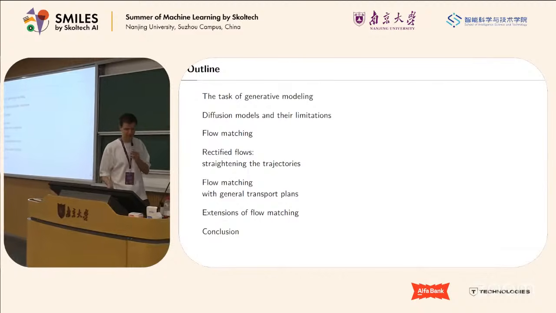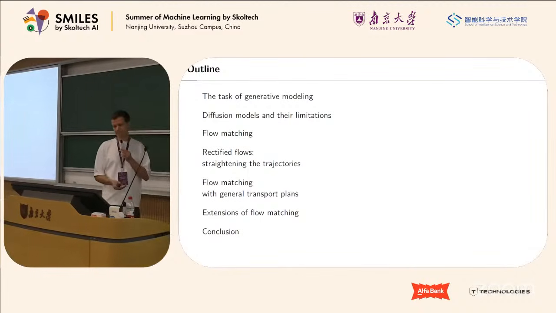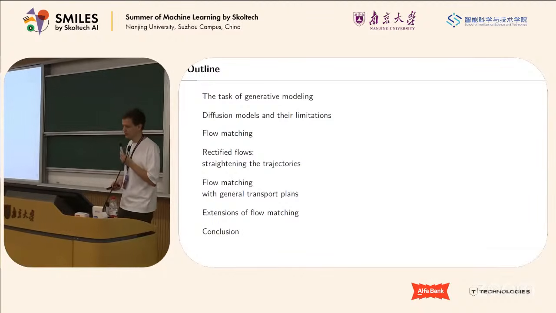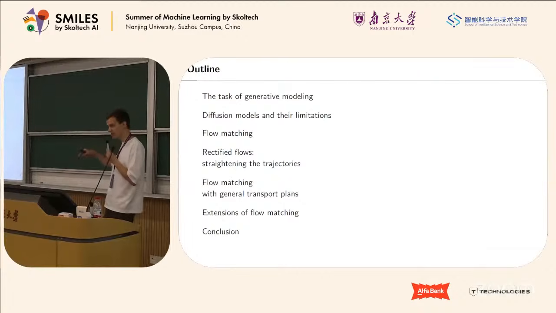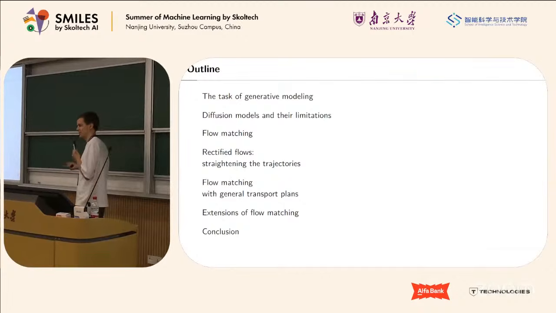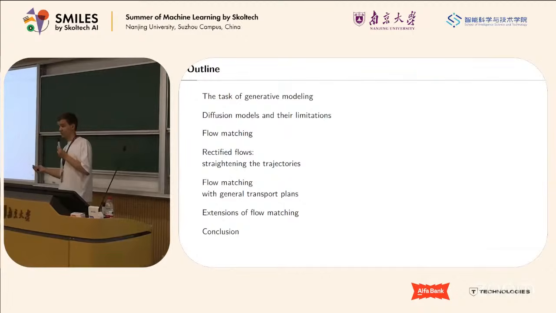And at the end of the lecture, I will talk about some extensions of flow matching which are reasonable to know about, and in the next lecture we will discuss one of such extensions, which is called bridge matching.